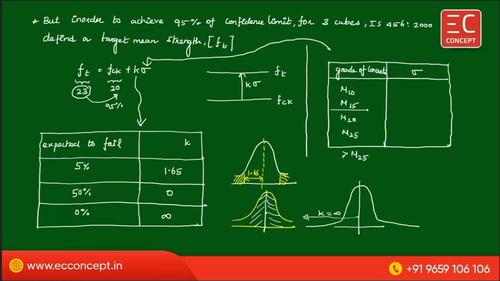For M10 and M15, the value of sigma is 3.5. For M20 and M25, the value is equal to 4. For grades greater than M25, the value is 5.